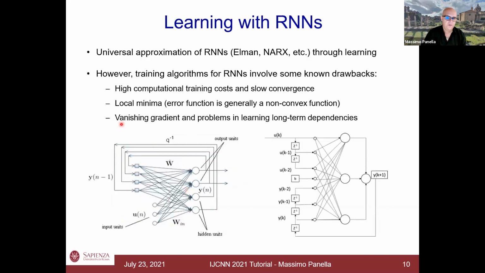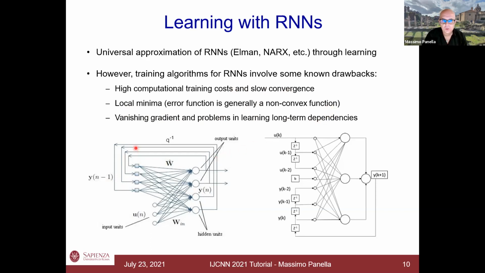There are a lot of recurrent shallow architectures like Elman or linear autoregression with exogenous inputs and so on. But they were all characterized by high computational training cost and slow convergence, possible convergence to poor local minima, because the function is strongly non-convex in this case.